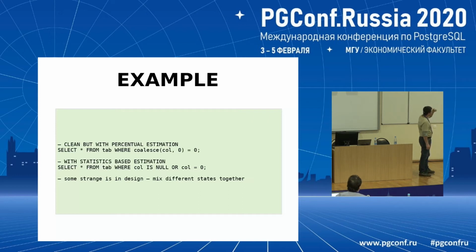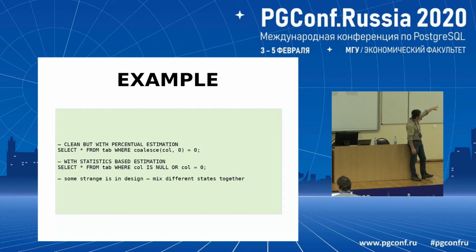then Oracle does a transformation to col IS NULL OR col = 0. But Postgres doesn't do this transformation. And sometimes you have to do this transformation by hand, when you get a wrong estimation or some slow queries.